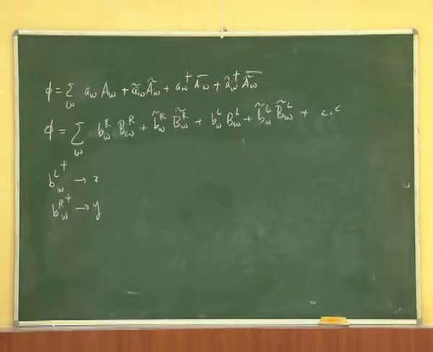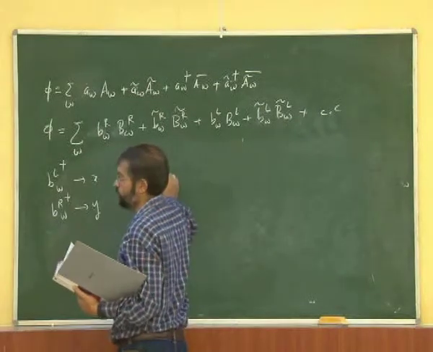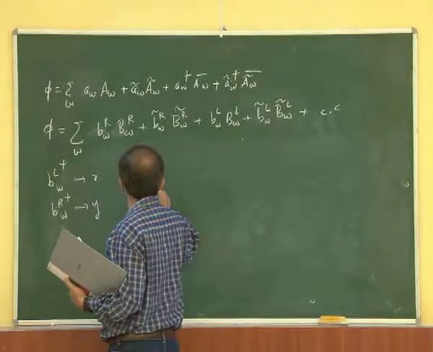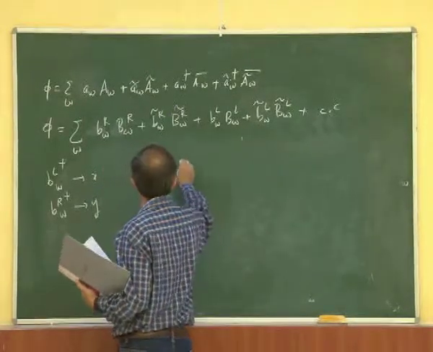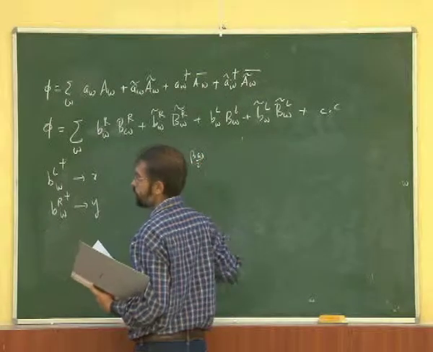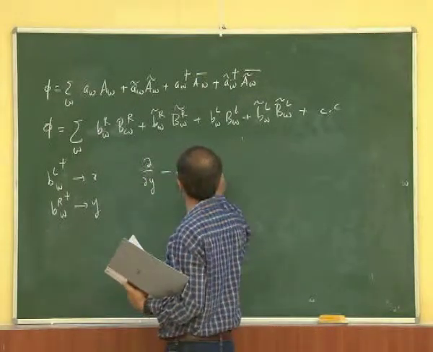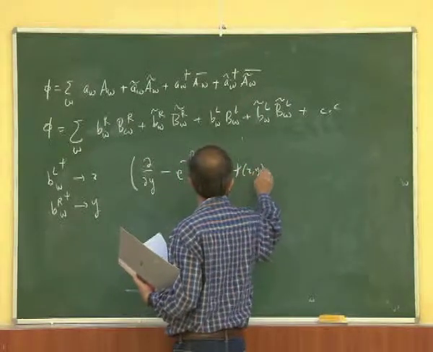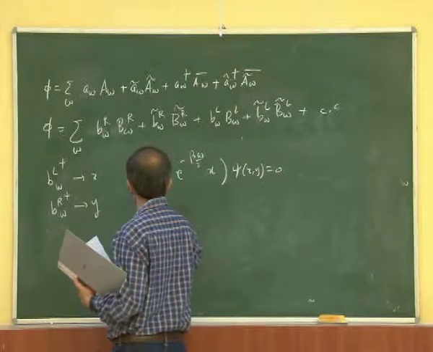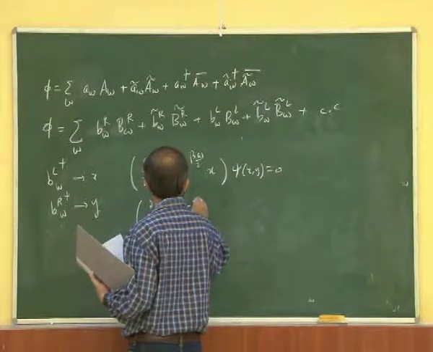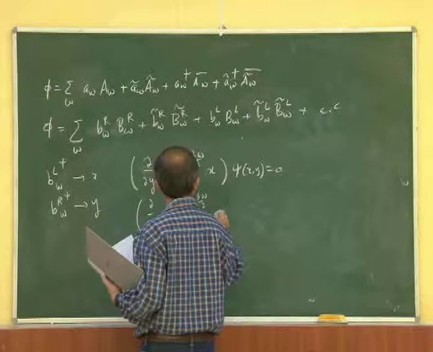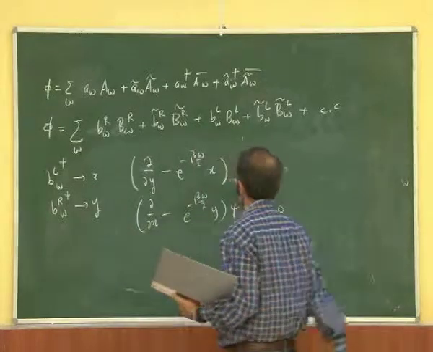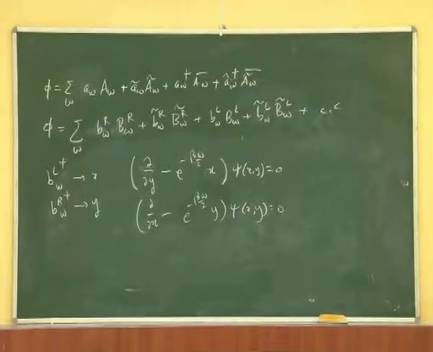So the first equation becomes d dy minus, and the second equation. Can somebody say what the solution of this equation is?